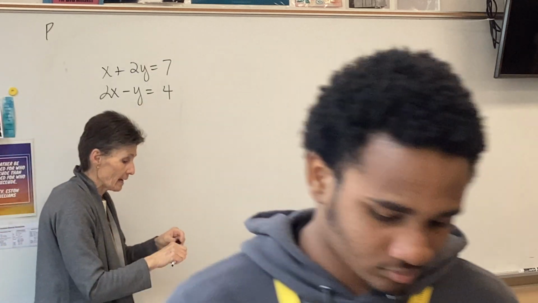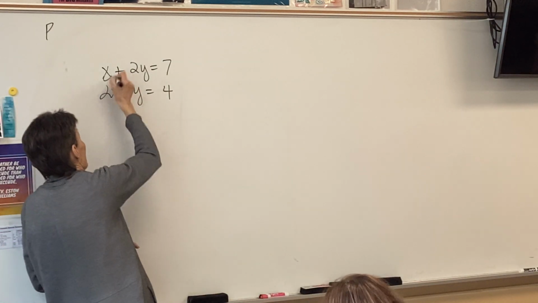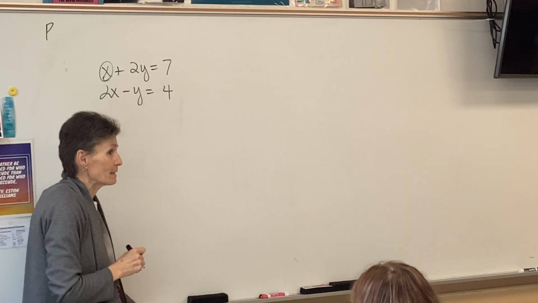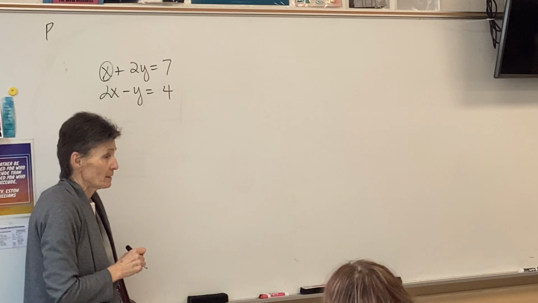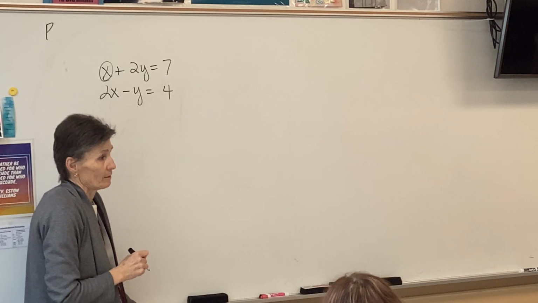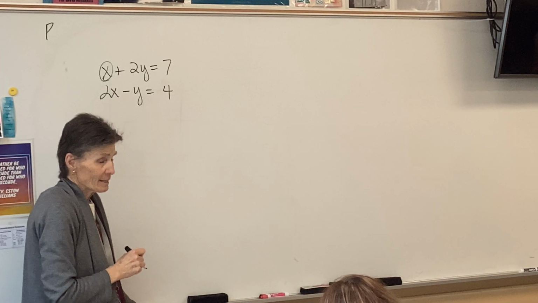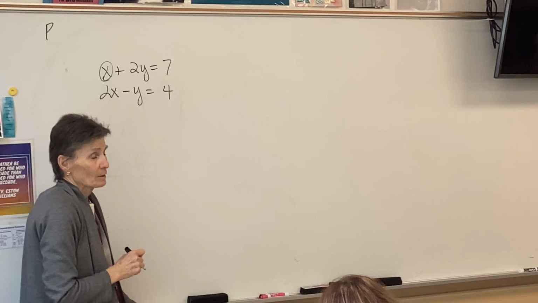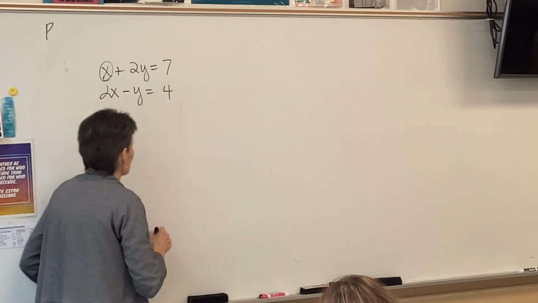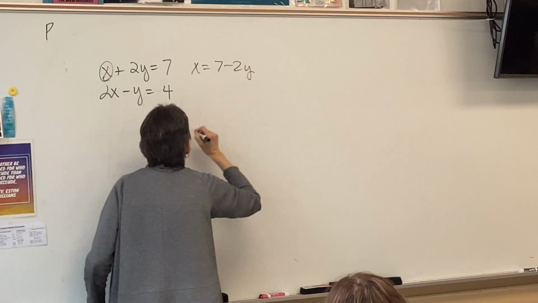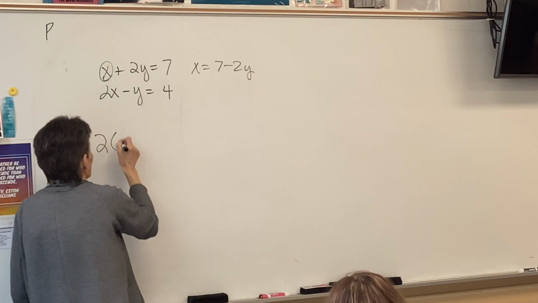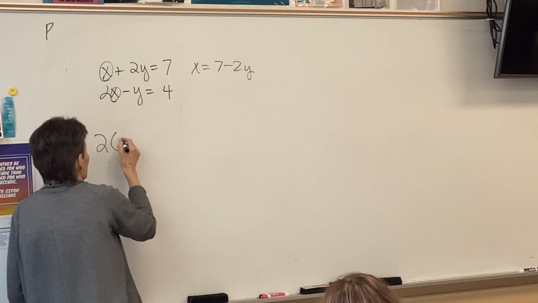Make your life easy and pick the letter that's already by itself. If you pick any other letter up here, you're going to have to do a division, and that may or may not result in fractions. Why do that? Don't do that. So x equals 7 minus 2y. Plug it in right there.